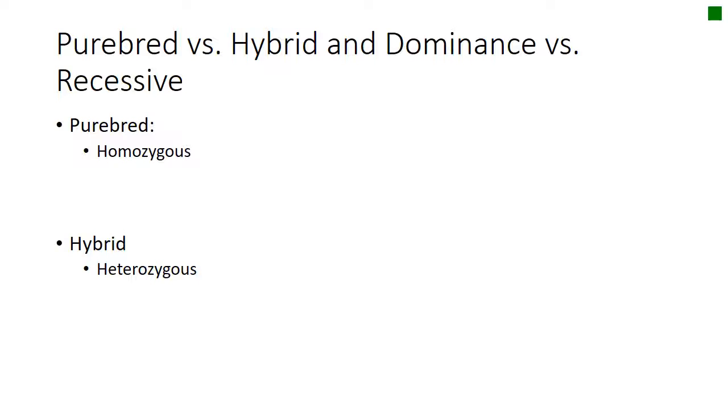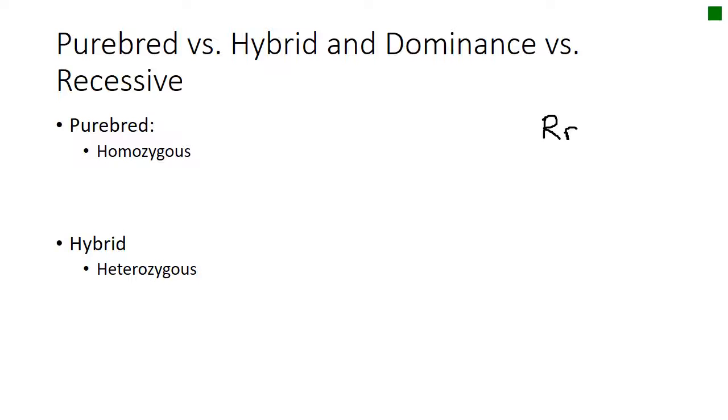Okay, so for example, in that last slide, when we talked about the shape of peas, I gave you these alleles together because remember that alleles can come in pairs here. Okay, big R, little r. A purebred would have the genetic makeup... So this for example is not purebred.